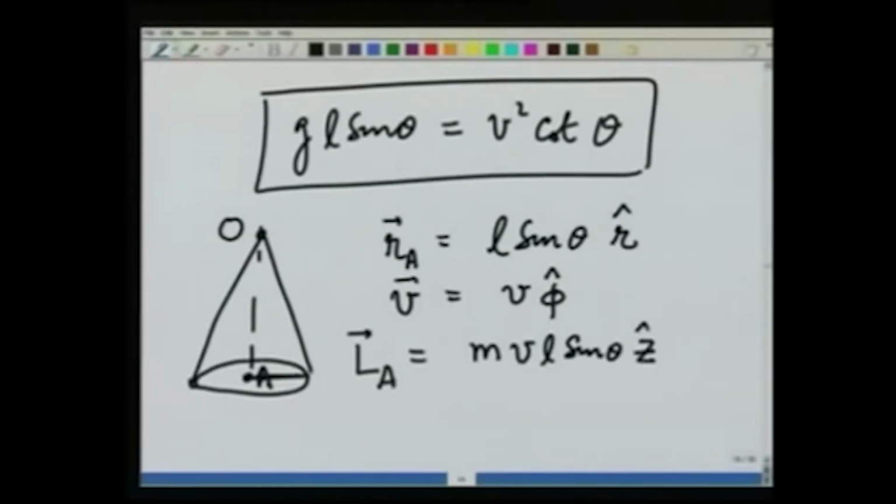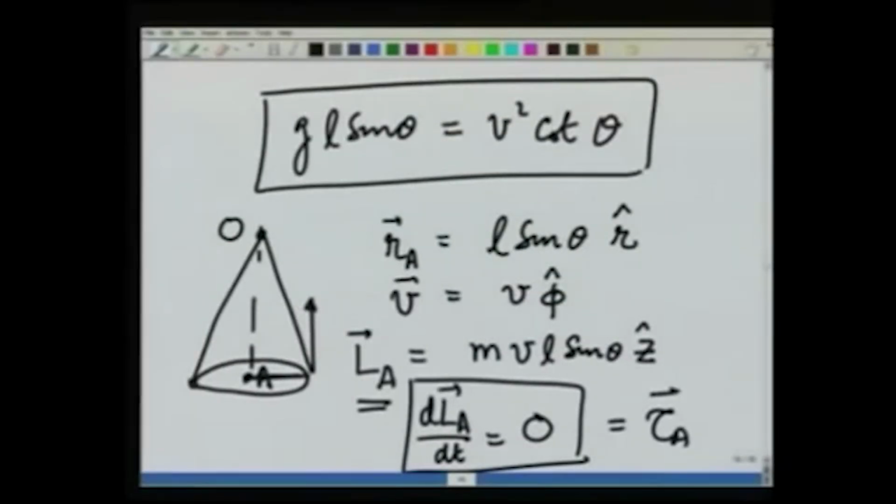You see, when I take angular momentum about point A, only the vertical component remains. The horizontal component has vanished, and therefore, when I take dL_A over dt, everything on the right hand side is constant, and therefore, this comes out to be 0.